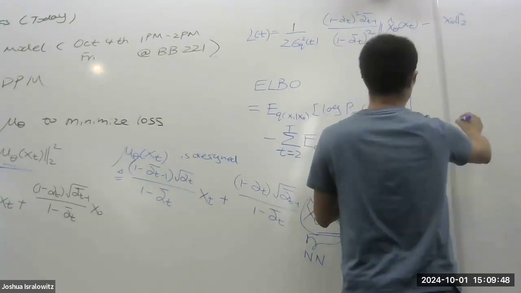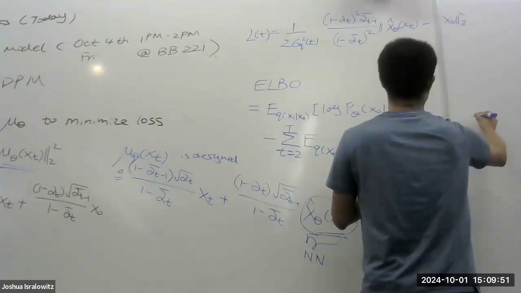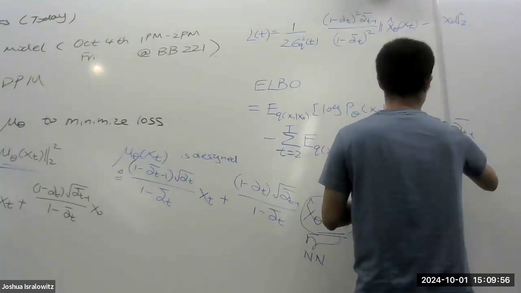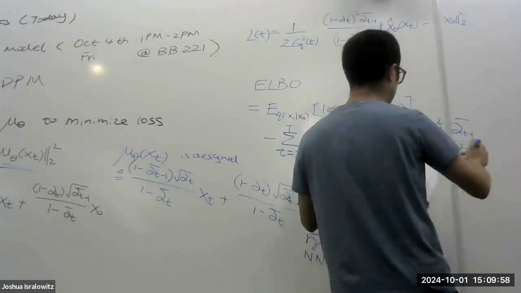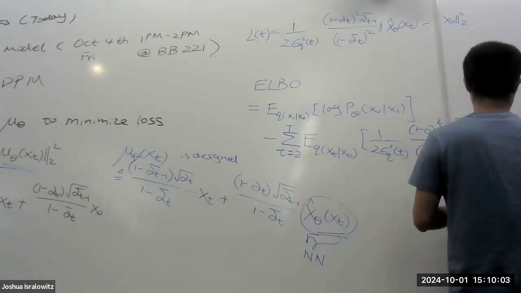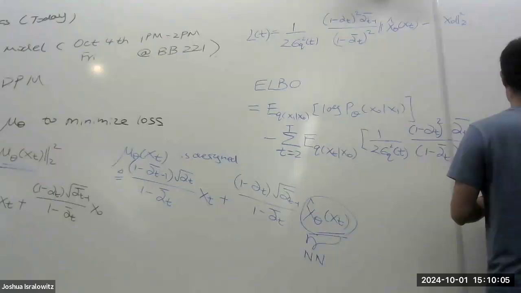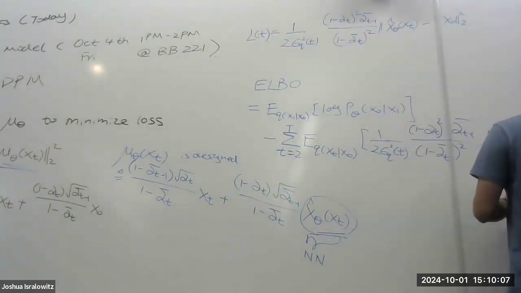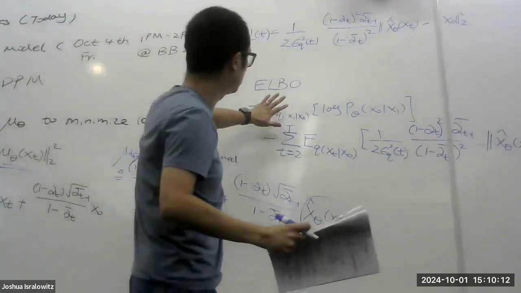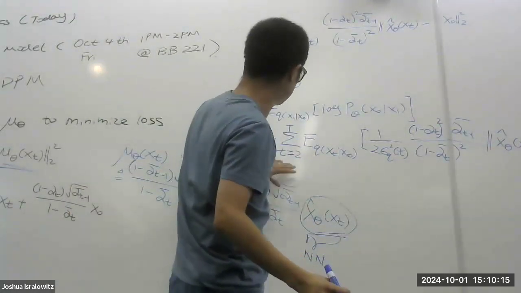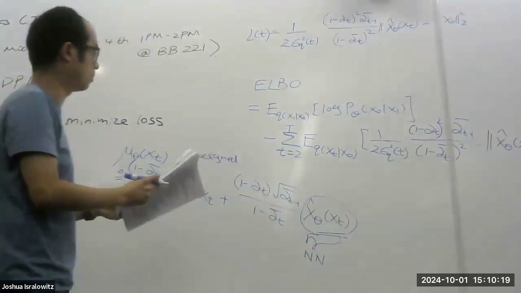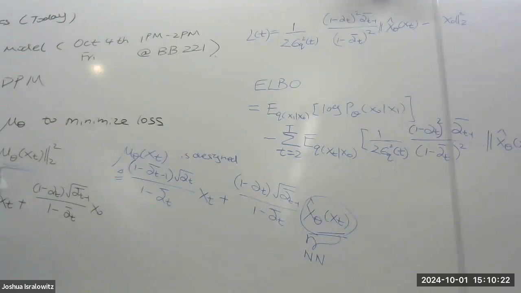So we just copy what we already have. You see it has two terms. This term actually starts from t equal to 2. There's one additional term that is at t equal to 1.